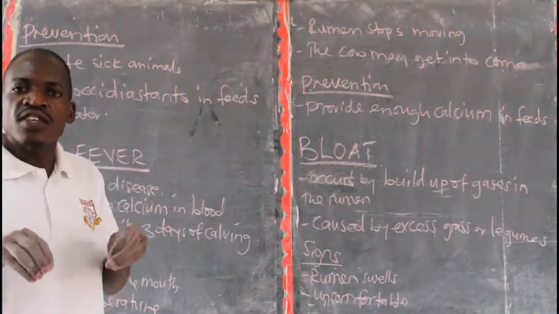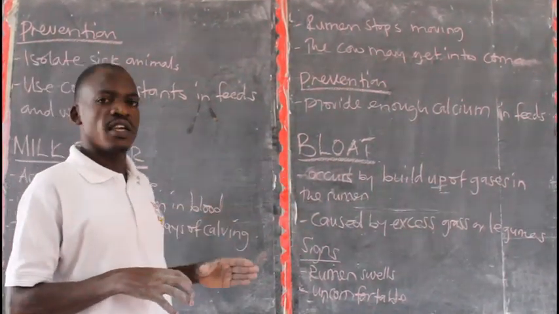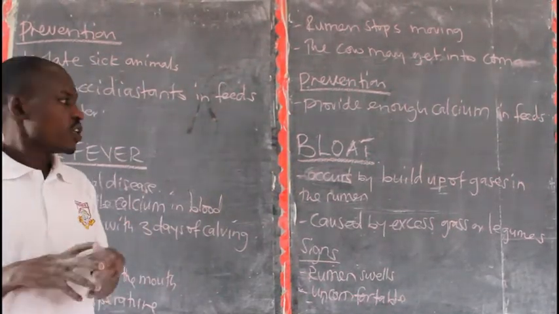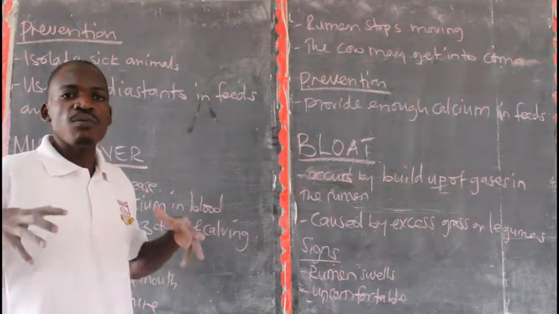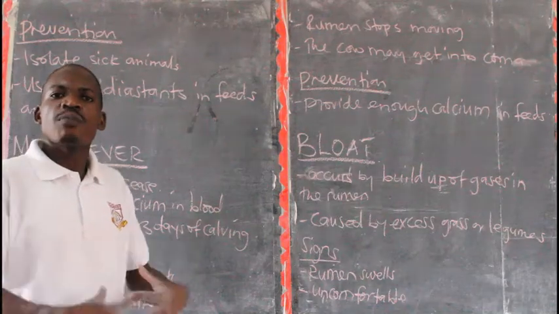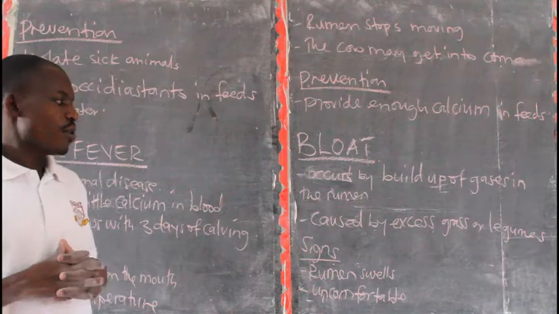So the rumen is the second stomach chamber. When gases build up in the second stomach chamber of the cow, it results in bloat. Even in human beings, there are times when you eat food and the food ferments and you have a lot of gas. So in animals, that's what we call bloat.